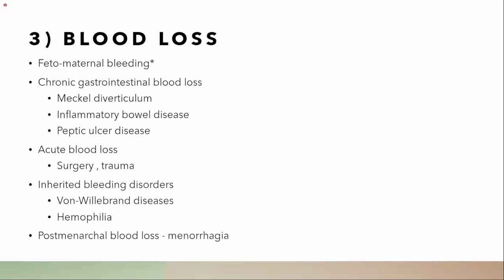Okay, wait, Dahlia. Okay, let me ask the others. Can you tell me one simple test to check for presence of fetal-maternal bleeding? Any test that we can do? Let me look at names.